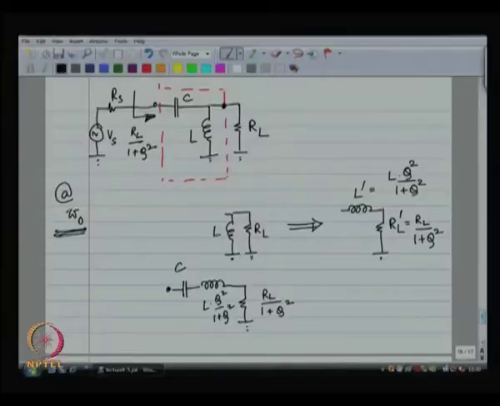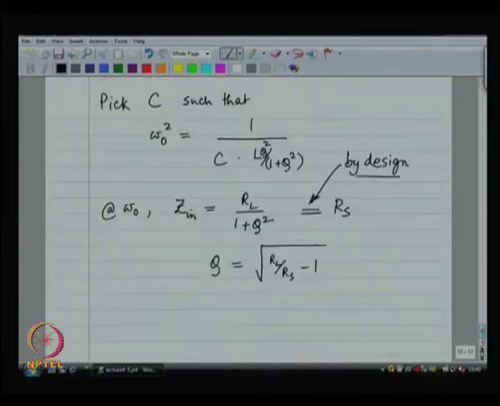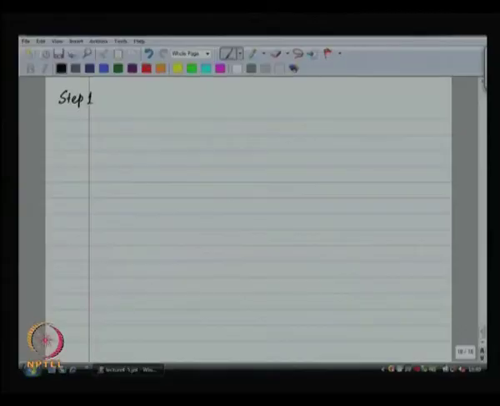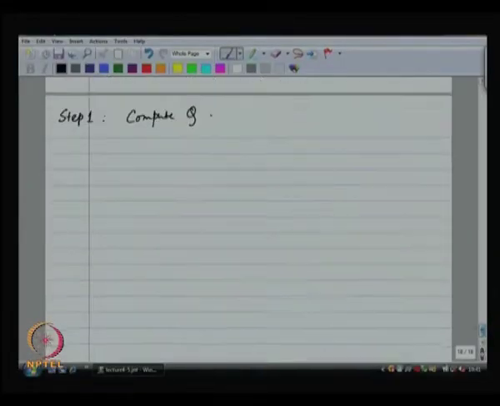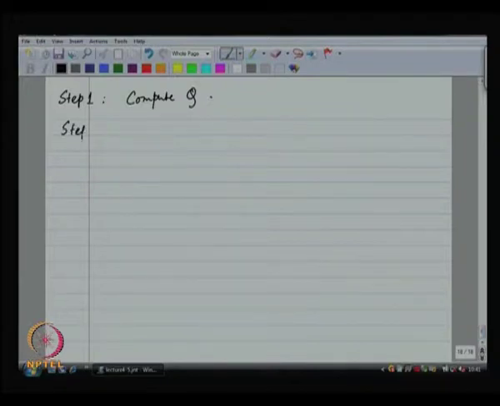So, this is how we go about doing this, proceeding with our story. Number 1, compute the Q needed. Q is going to be this. Step 2, compute L. What is the relationship between Q and L?